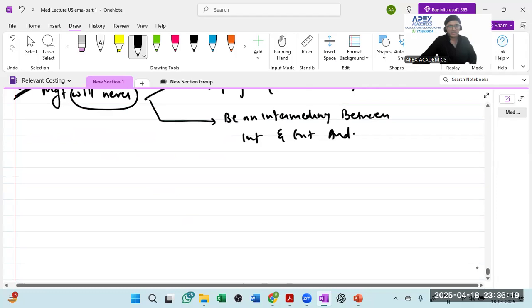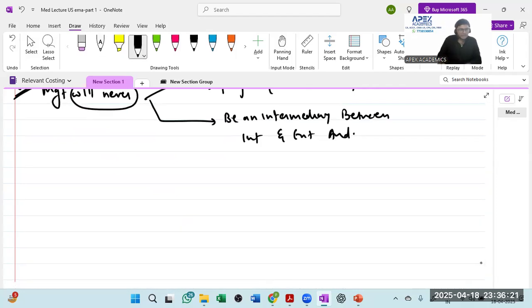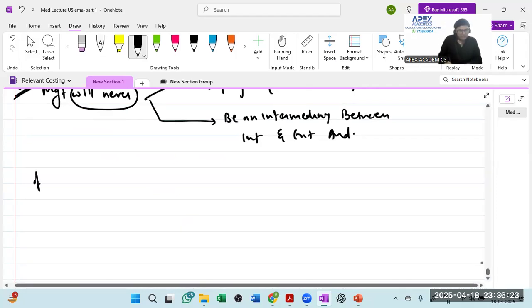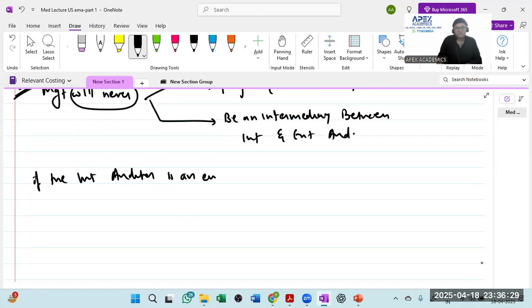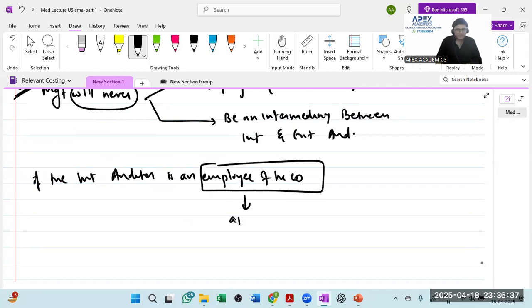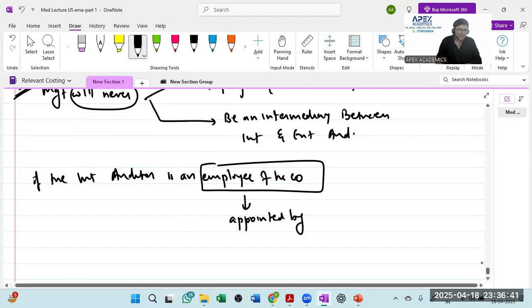Keep one thing in mind. If the internal auditor is an employee of the company, obviously, he is appointed by the management or board of directors.